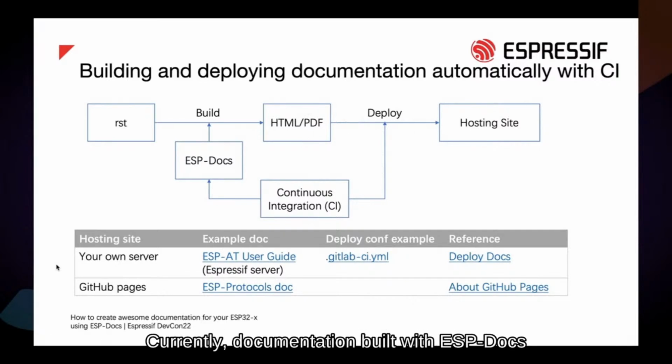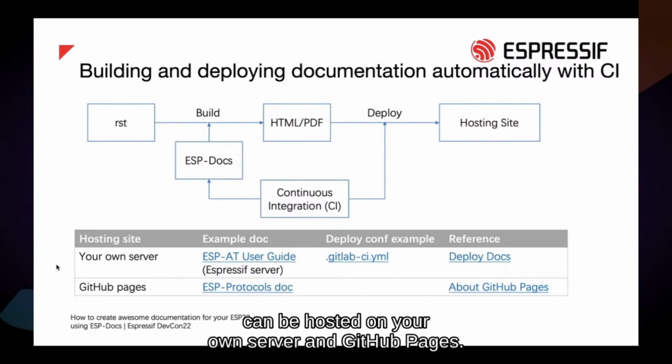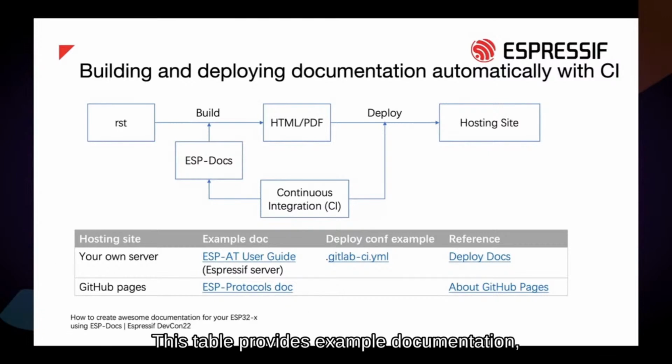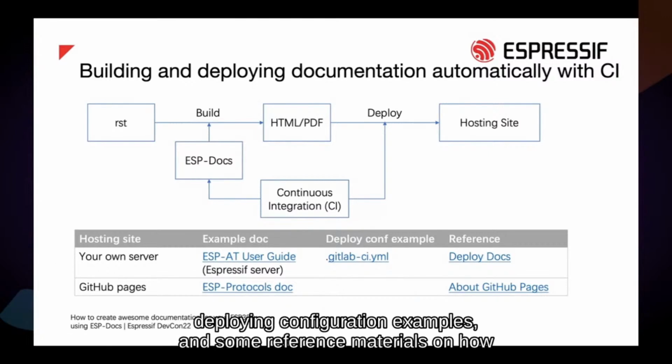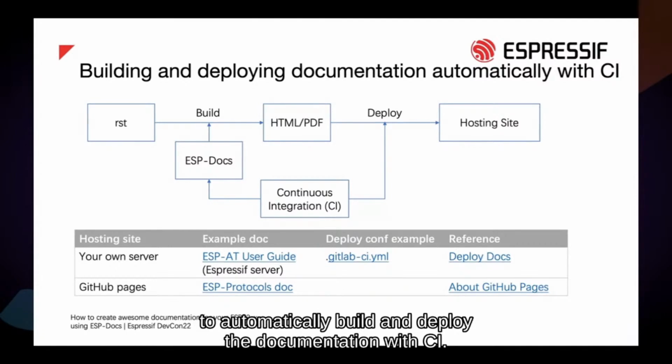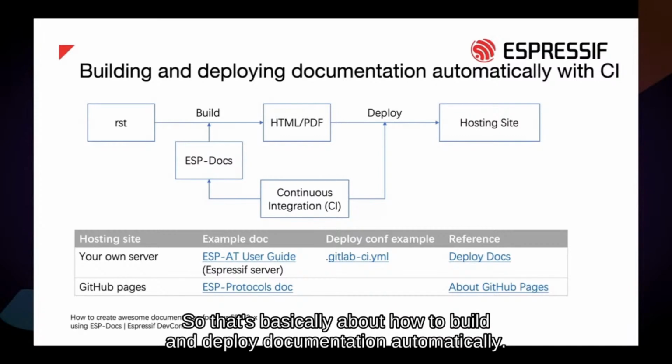Currently, documentation built with ESP-Docs can be hosted on your own server and GitHub Pages. This table provides example documentation, deploying configuration examples, and some reference materials on how to automatically build and deploy the documentation with CI. So that's basically about how to build and deploy documentation automatically.